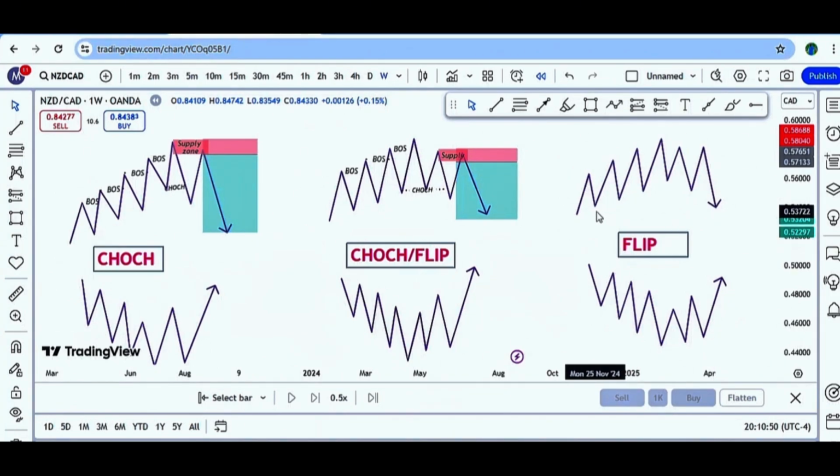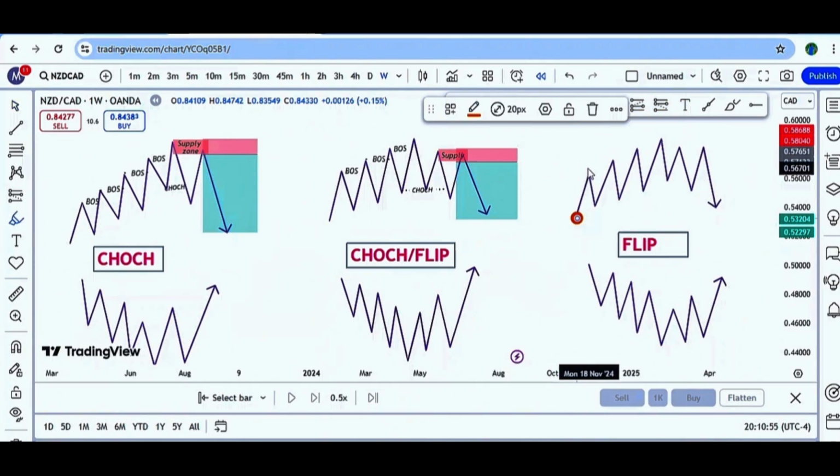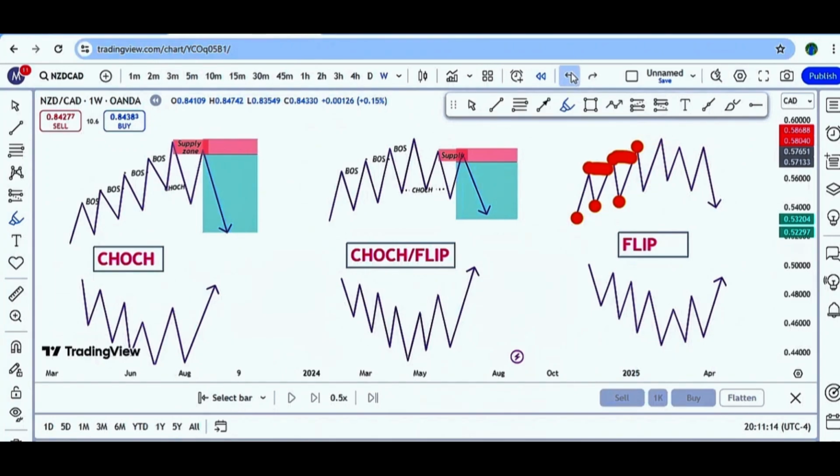So on the third one here, we have higher low, higher high, higher low, higher high, break of structure to the upside, higher low, higher high, break of structure to the upside, higher low, higher high, break of structure to the upside. Now what I want you to grab here is this flip zone.